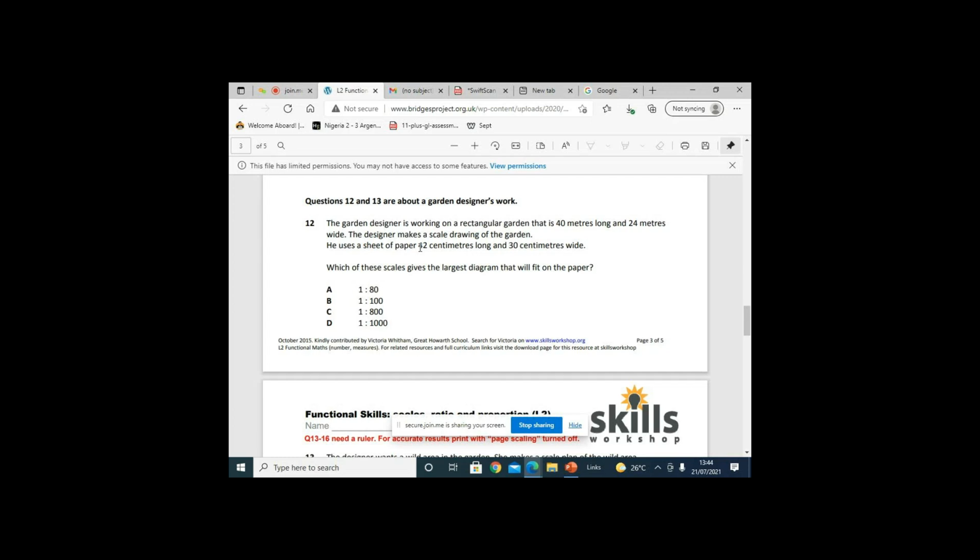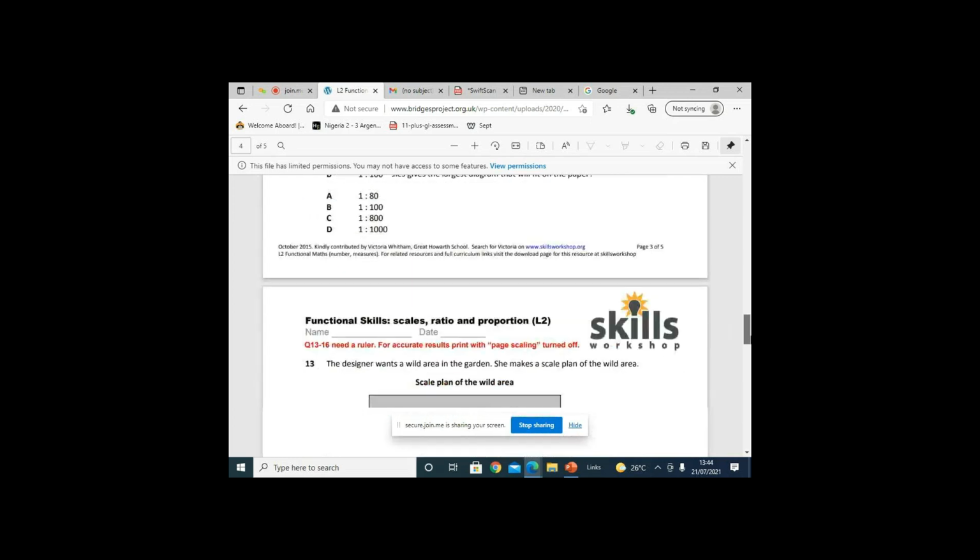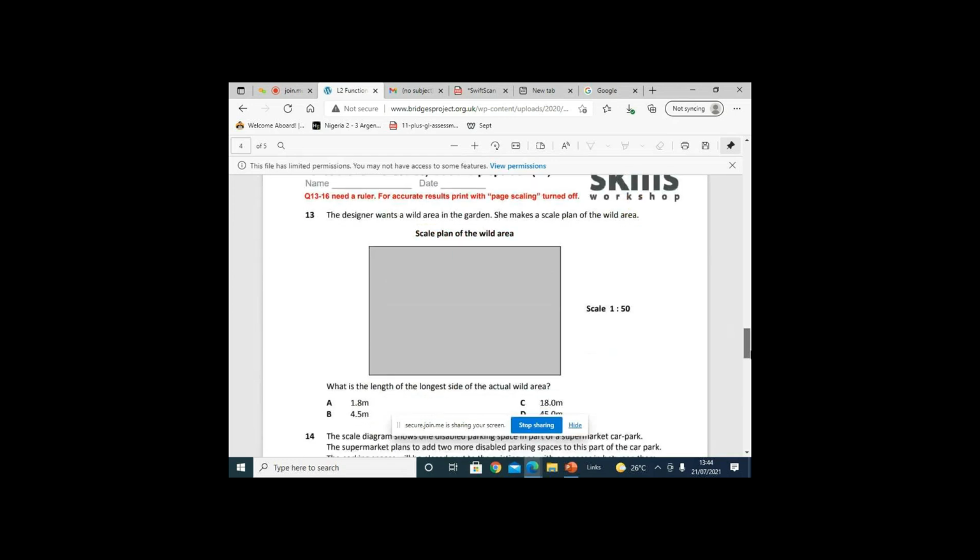So it's the B. Which one is the answer? B. The biggest scale gives you the largest diagram. You can also use C, but it's going to give you a very small diagram. You can use D too, but it's going to be very small too. So the best one that can give you the largest diagram is B.